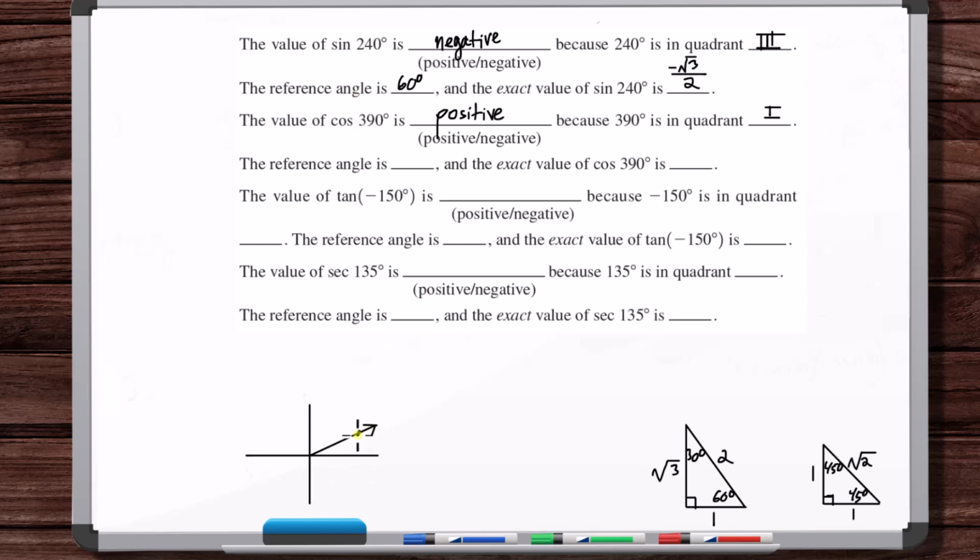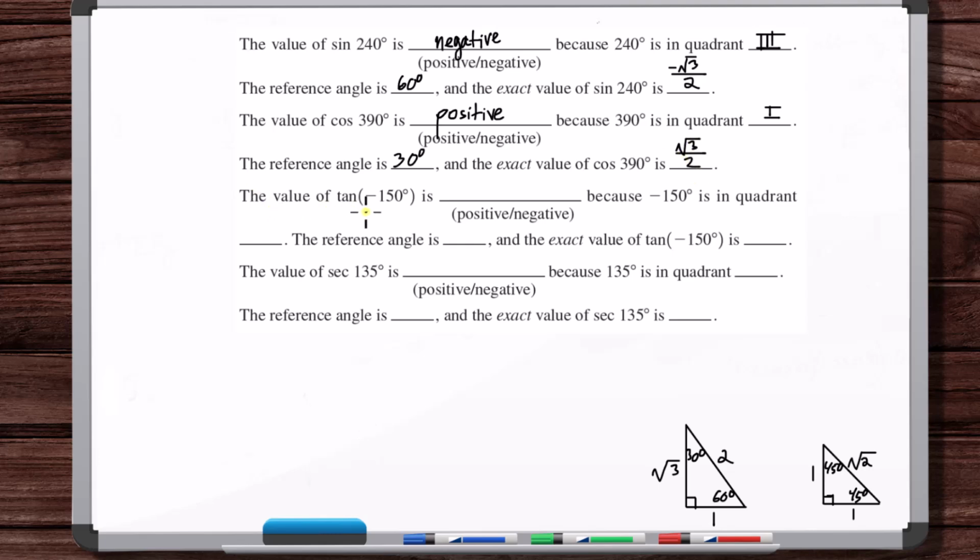So now let's make this right triangle, and this is 30 degrees. We actually don't even need the side lengths. We can say the reference angle is 30. This is an acute angle, so you could just do SOHCAHTOA on the triangle itself. The reference angle is 30 for cosine of 390. Adjacent over hypotenuse, that's root 3 over 2, positive root 3 over 2.